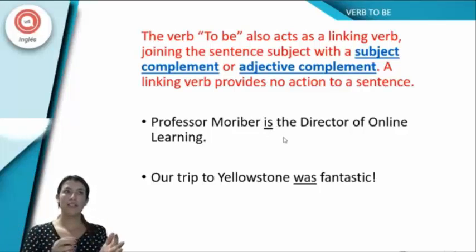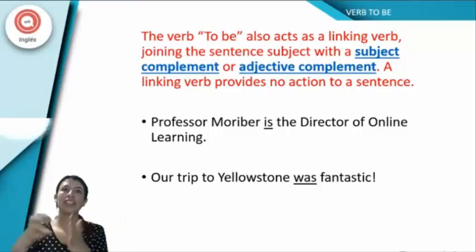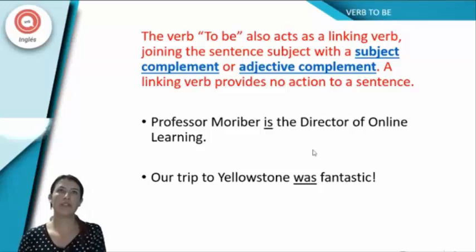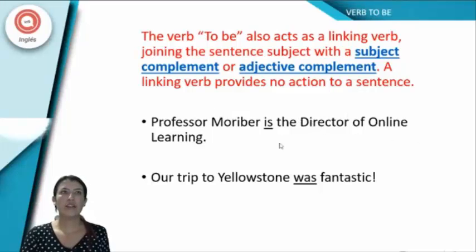Just connecting Professor Moriver, that is the sentence subject, with the subject complement. This here is a subject complement. Why? Because we are talking about the subject. The information that I am providing here is information that is about this subject. So I'm saying that the director of online learning is Professor Moriver. Yes? I'm giving information about him.